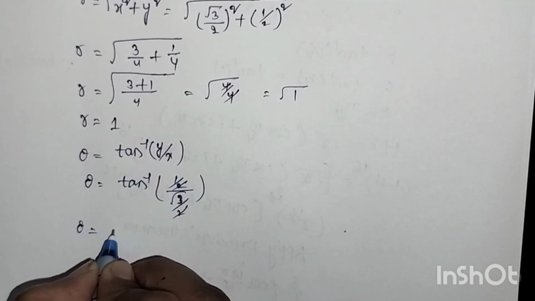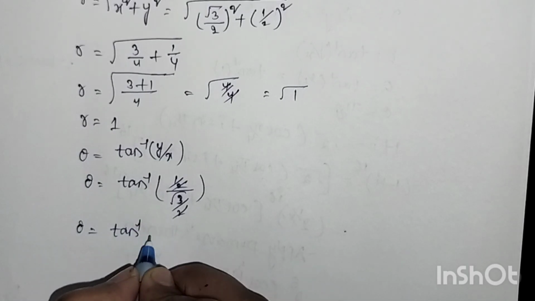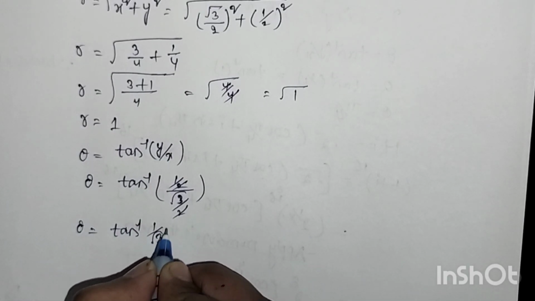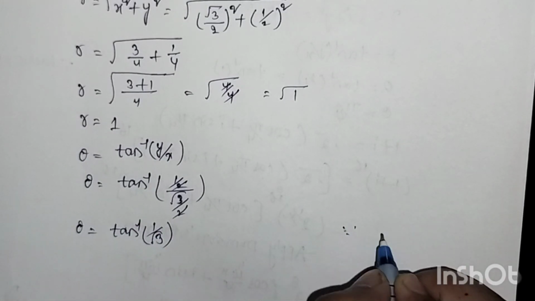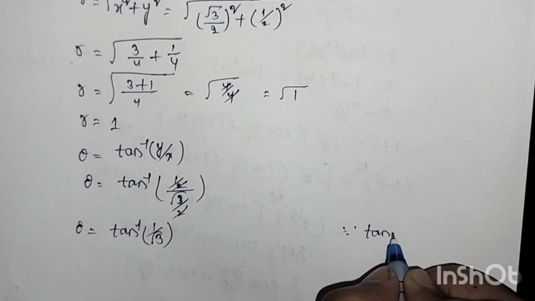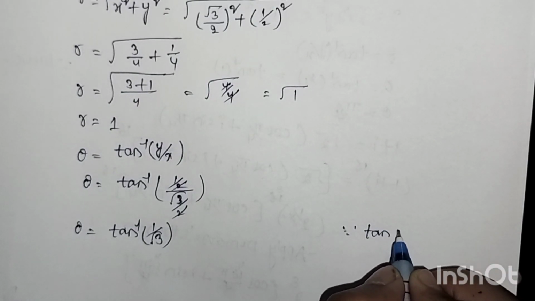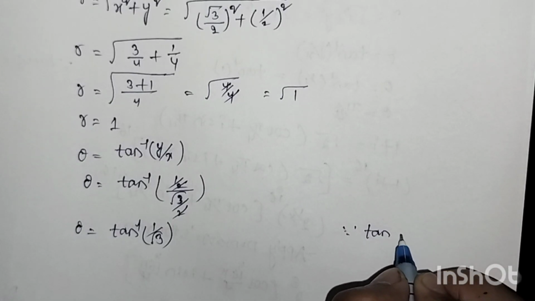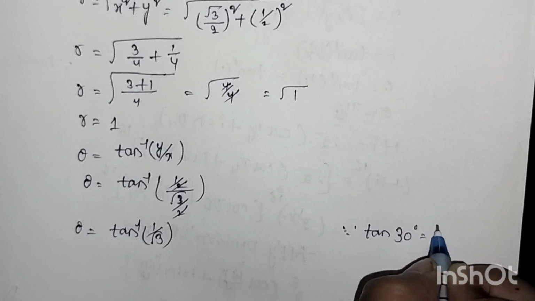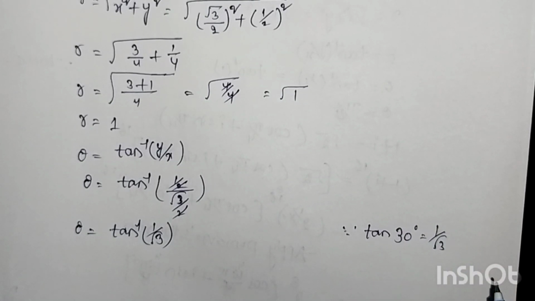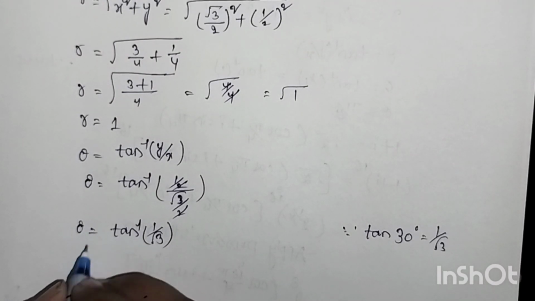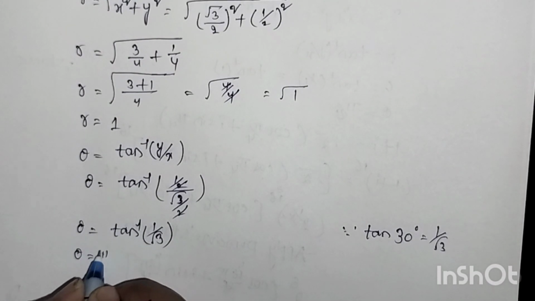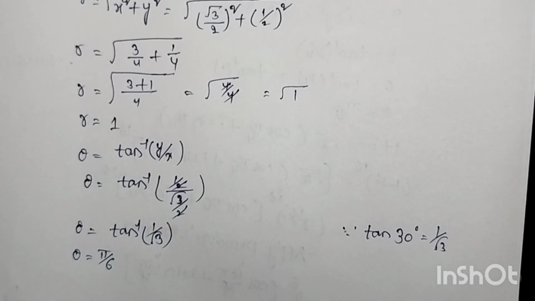Theta is equal to tan inverse 1 by root 3. Tan 30 degrees is equal to 1 by root 3. 30 degrees can be written as pi by 6. So theta is equal to pi by 6.